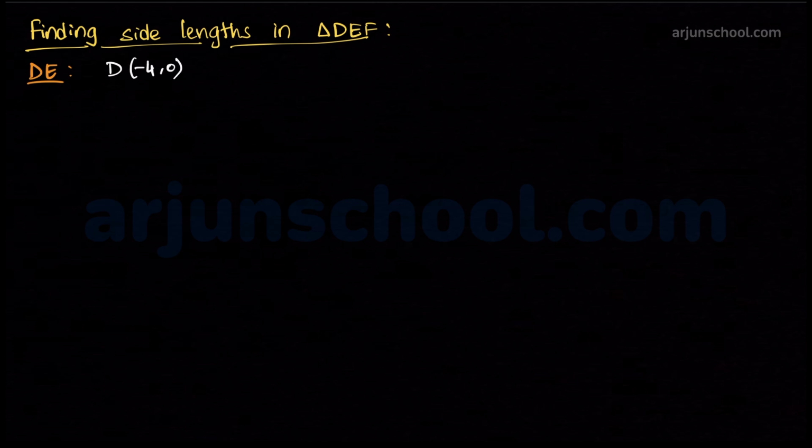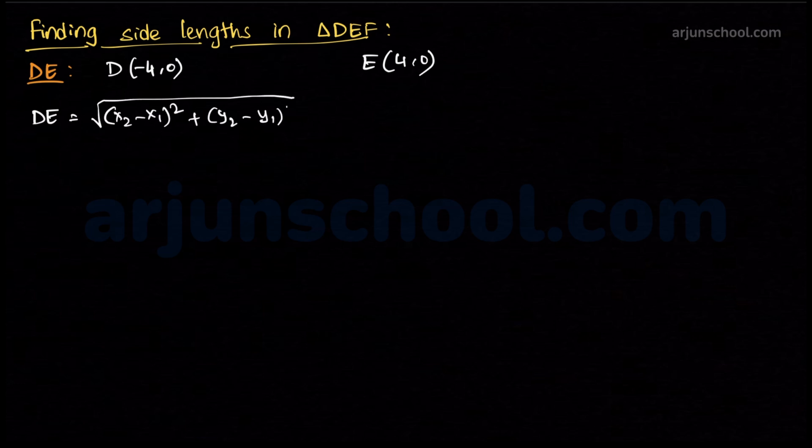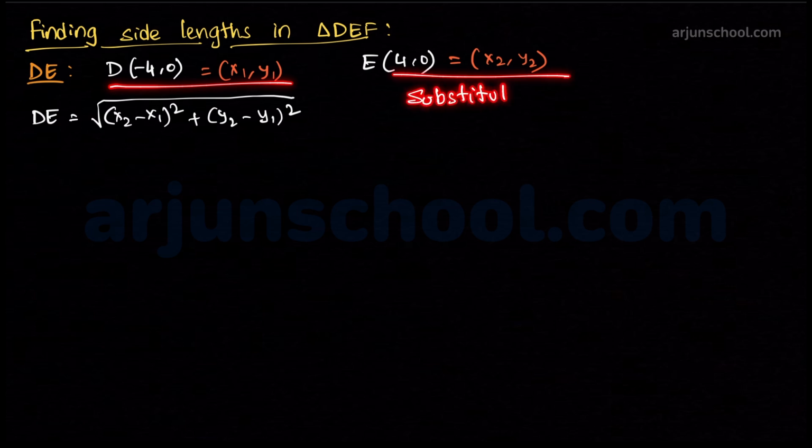Now let us find the side lengths of triangle DEF. The length of the side DE is the distance between the vertex D and vertex E. Root over (x2 minus x1) whole square plus (y2 minus y1) whole square. Vertex D is point (x1, y1) and vertex E is point (x2, y2). Let us substitute these values.